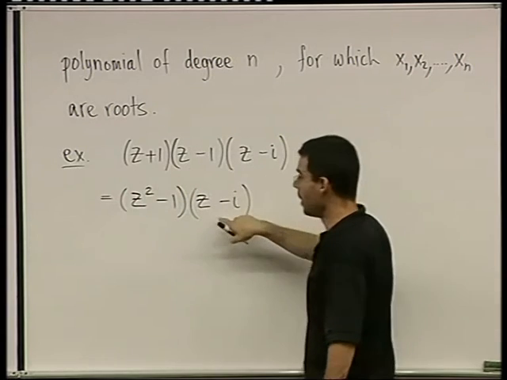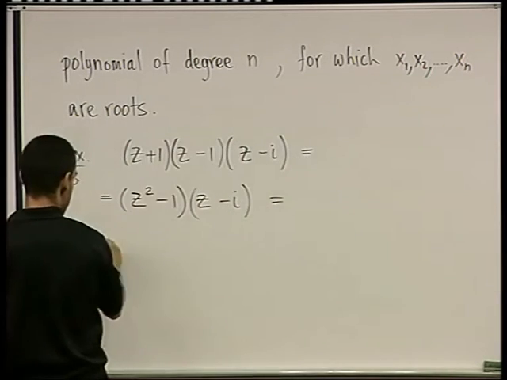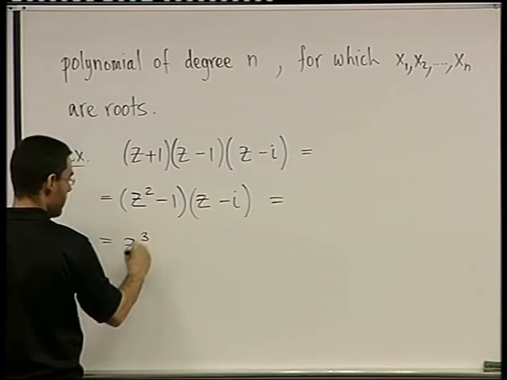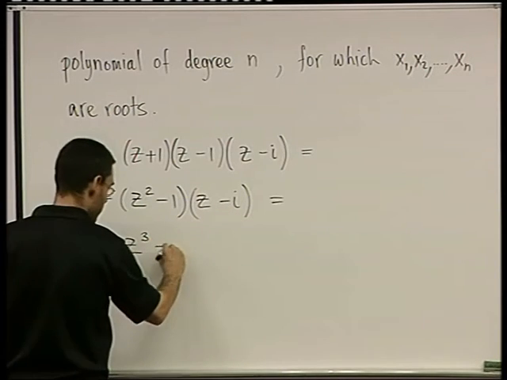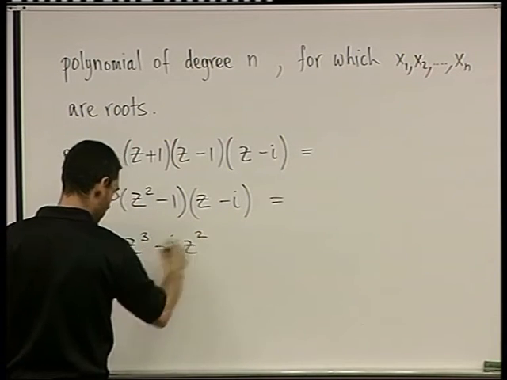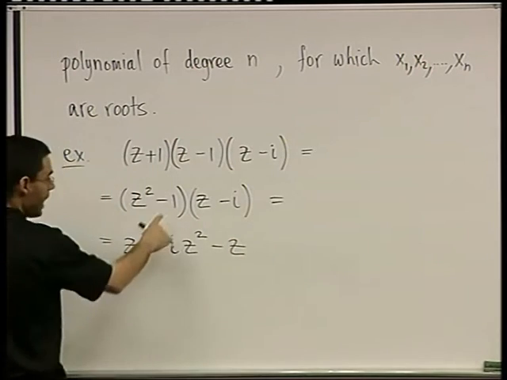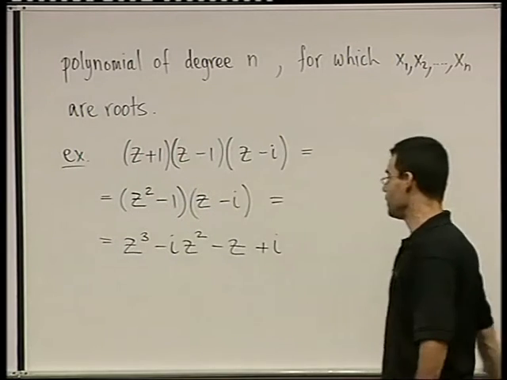That's this one, right? And then let's take one further step. So we're going to get z to the power 3 from here, minus i z squared, minus z, and plus i. So this is this polynomial.